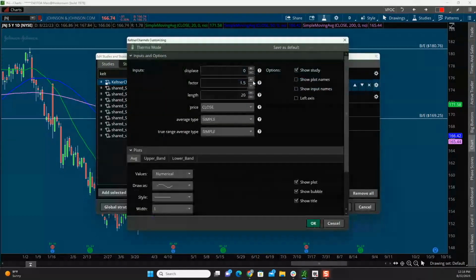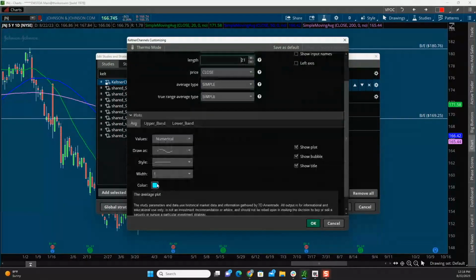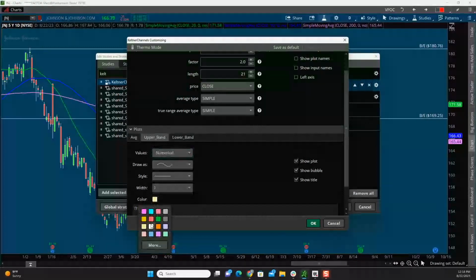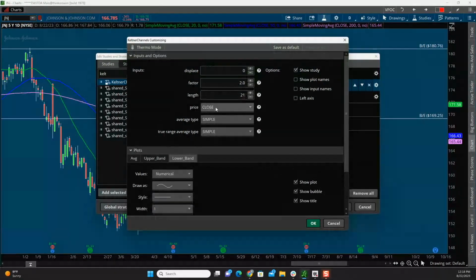Apologies. All right, from here, then we'll go to 2. Once again, you can put it as a 1 and just add this as white. It'll just keep plotting the same thing. Now here is where I do a yellow, because it's like the medium price action band. So the length 21, price close, average type exponential, and average range simple as well.